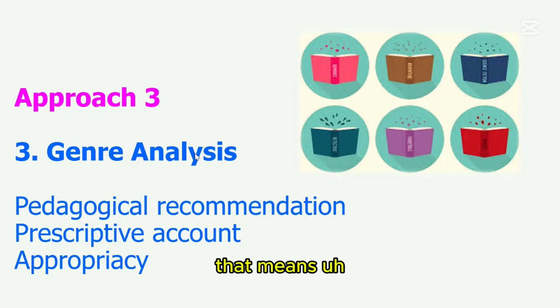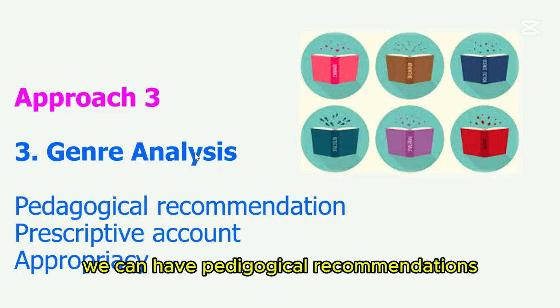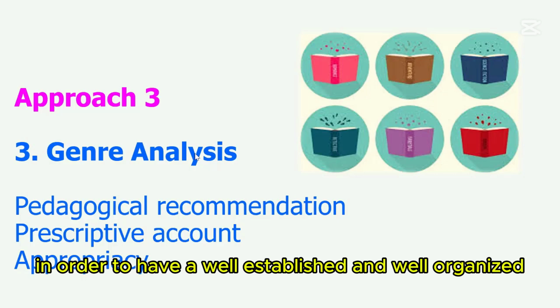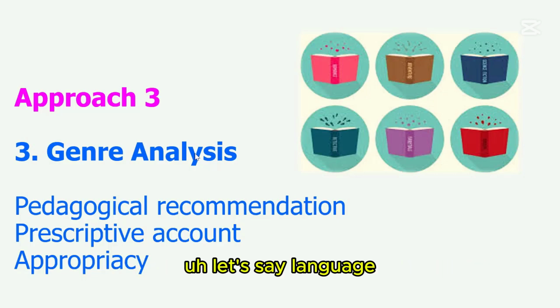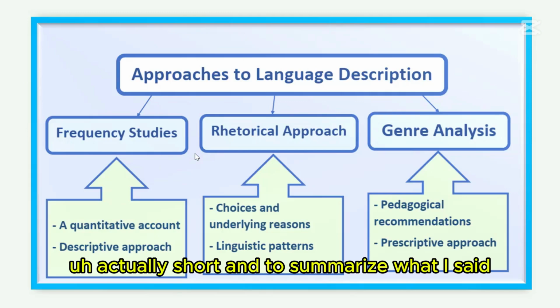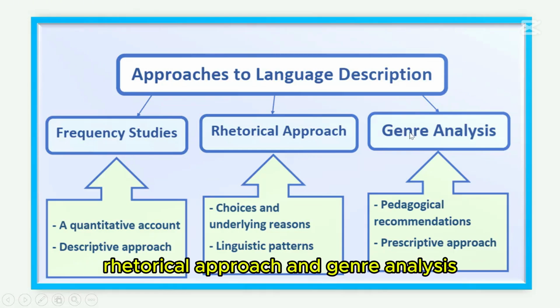That means, based on the results of genre analysis, we can have pedagogical recommendations for different people in order to use them, in order to have well-established and well-organized language products. So, to make it short and to summarize what I said, we have 3 approaches: frequency studies, rhetorical approach, and genre analysis.